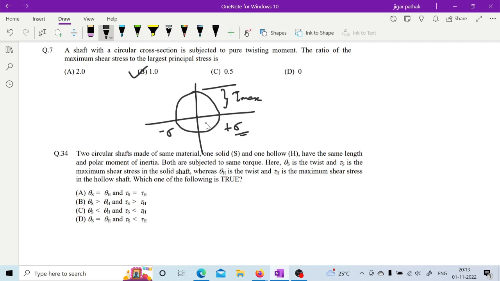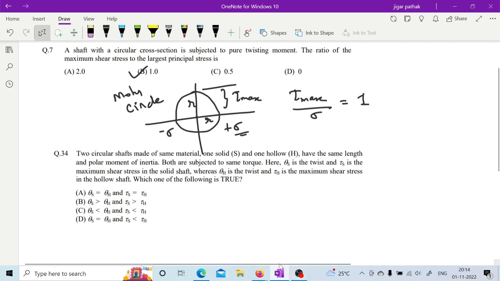This radius, this radius. So the ratio of maximum shear stress to the largest principal stress is 1. Are you getting this from the Mohr circle figure? Yes, sir. Okay.